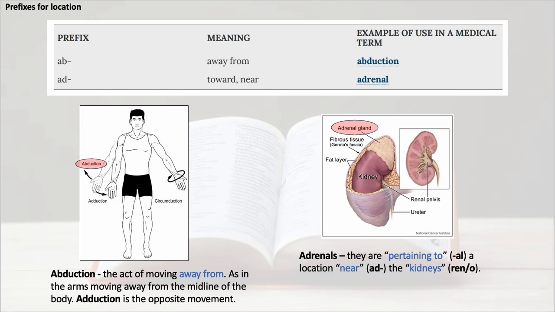So other examples: if we think of ab in addition to abduction, if you think abnormal, the term abnormal means essentially deviating away from what is normal, right? So away from norm. And also for ad, if we think of some other examples, adduction, adrenal, as we see here.